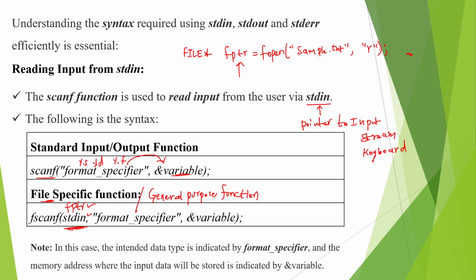This is just like scanf. fscanf of stdin is the same as your scanf, reading the data from the keyboard. This is how you can make your file-specific function a general-purpose function, so that you can read the data both from a file as well as from the standard input stream. Hopefully you understood.